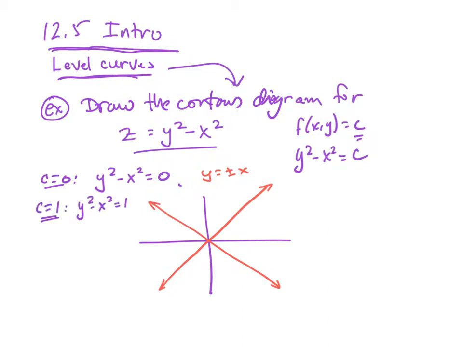Now try c is equal to 1. Well, this is what we call a hyperbola. A hyperbola is going to look like either this or this, depending on which value is positive and which one's negative. Since the y is positive, we're going to have this one.